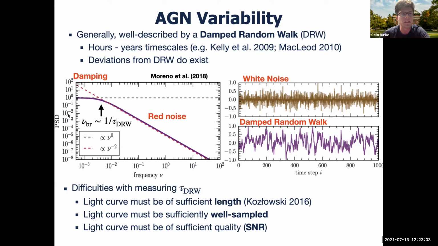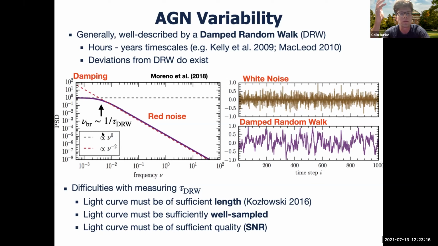This bend in the PSD corresponds to a characteristic frequency or time scale. I'm really interested in what this time scale can teach us about the accretion physics of the AGN accretion disk system, since we believe that the AGN variability primarily comes from the accretion disk.